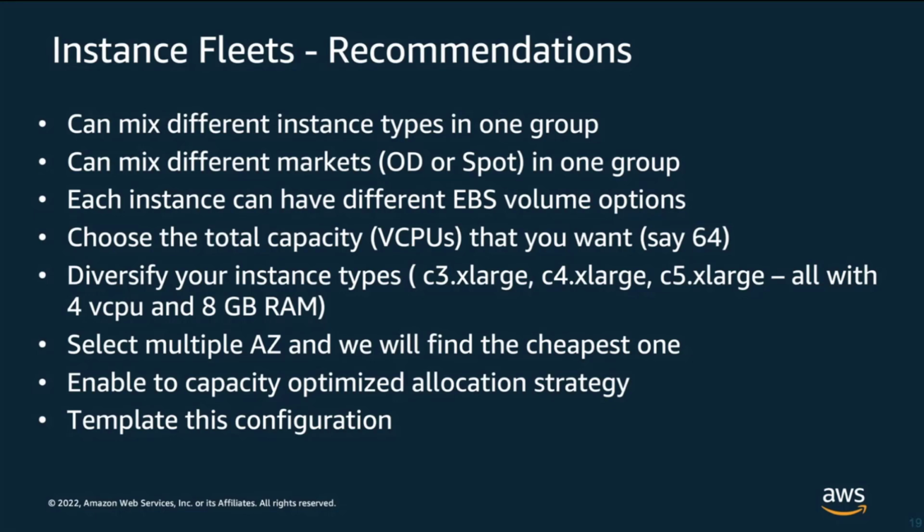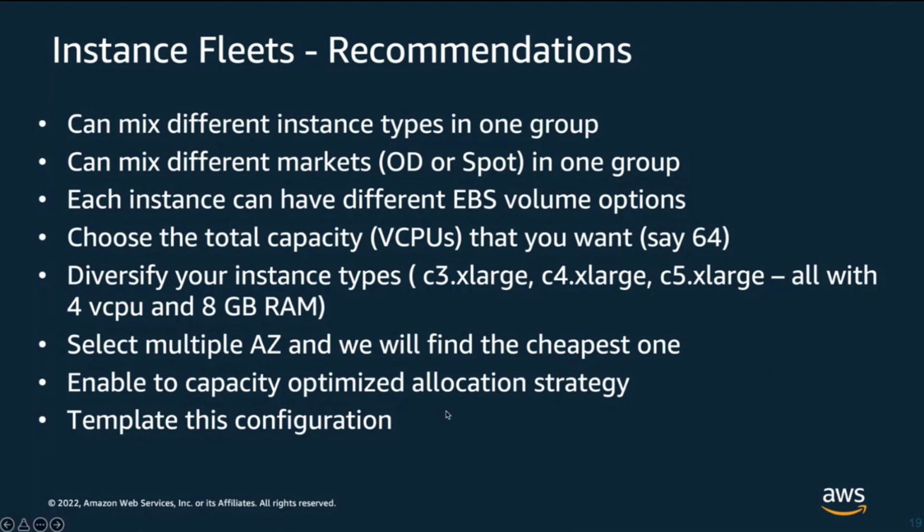You can choose the total capacity that you want, and you can divide how many instances are needed, and diversify which instance type will be good for this workload. A good thing about using Spot instances is that you can use whichever availability zone has the cheapest option, and that will make your cost even lower than what you were expecting.